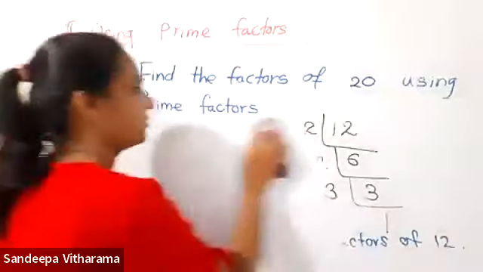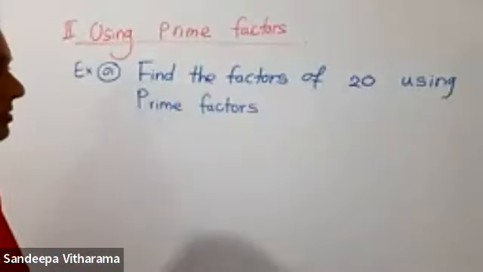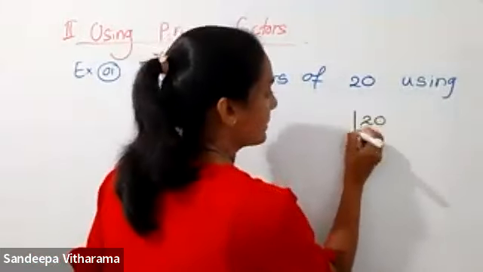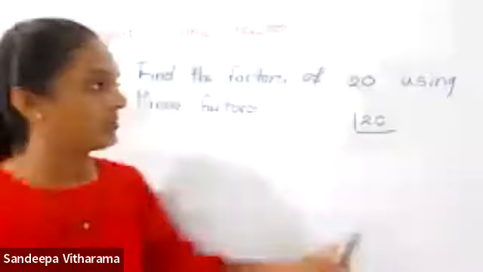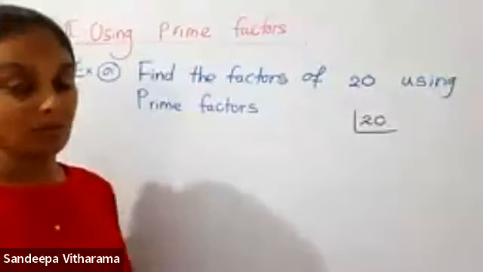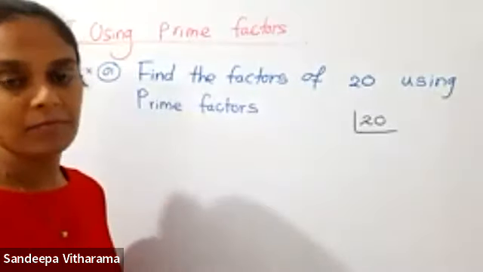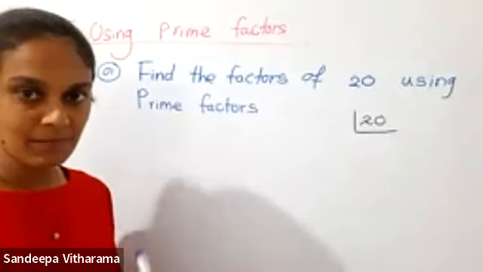We have to divide 20 by a prime number. What is the least prime number that we can use to divide 20? The least prime number is 2.